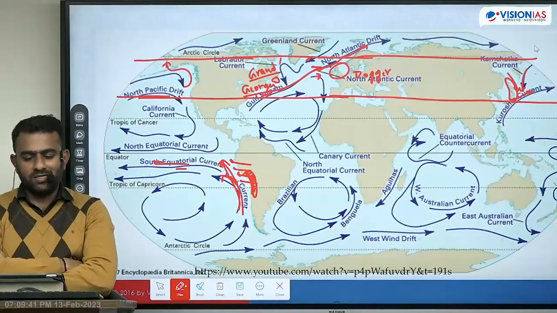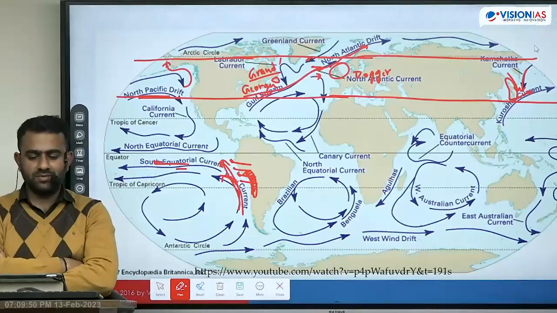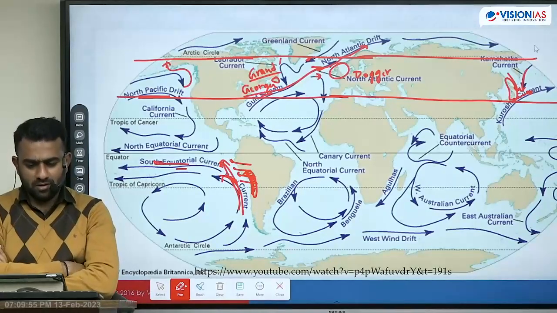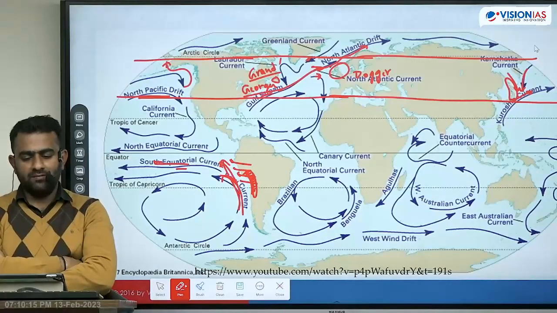The warm ocean currents in temperate regions along the western coast of continents result in mild winters and keep the ports ice free.